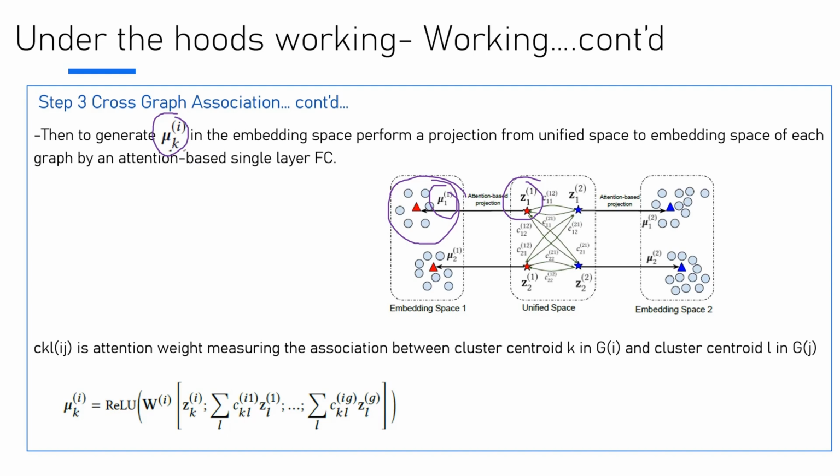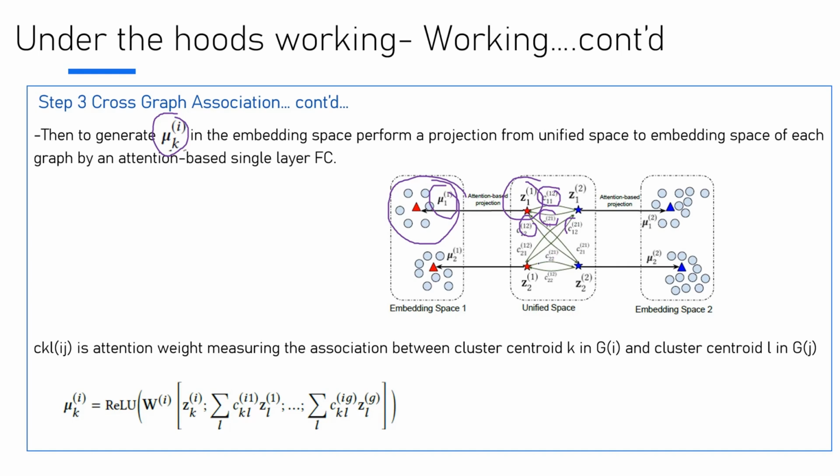So in order to generate mu_k of i in the embedding space, we perform a projection from the unified space to the embedding space of each graph by an attention-based single layer fully connected network. If you look at z_1, it's connected with c_11, c_1121, and so on, with multiple other weights.